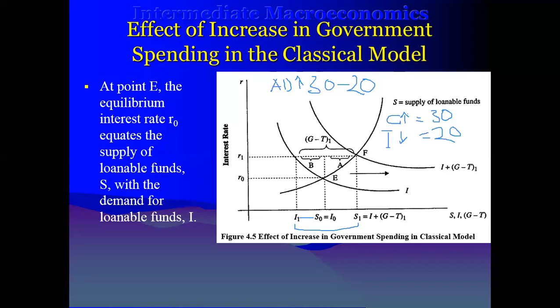By enticing them through an increase in interest rate. We'll tell them, bring your money, we'll pay you more interest. So people will keep on supplying the loans. Then we'll have a higher interest rate, and equilibrium will be restored. So the interest rate increased because there was an increase in government expenditure. Is that okay?